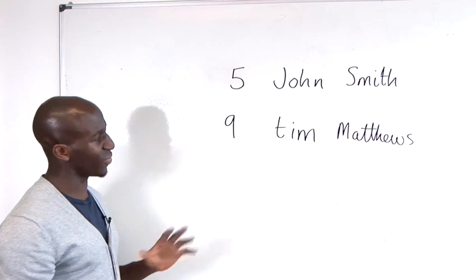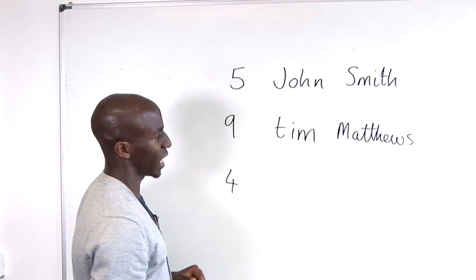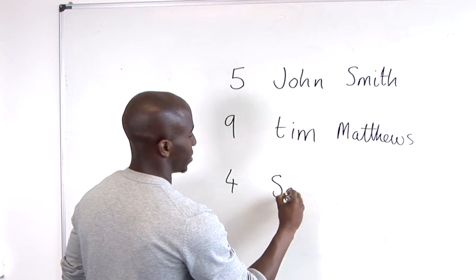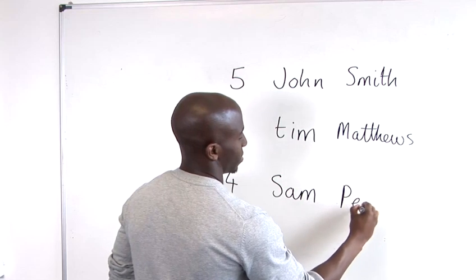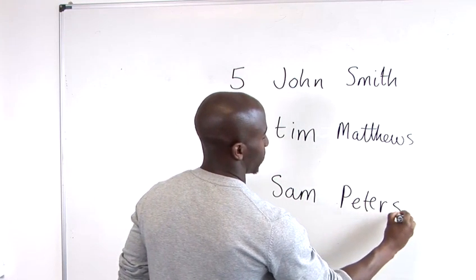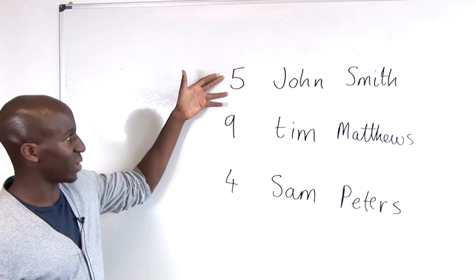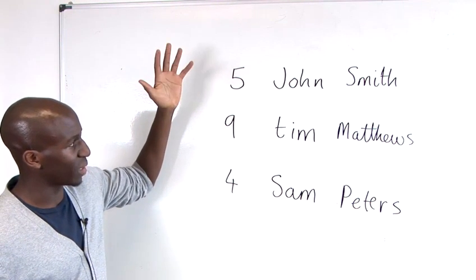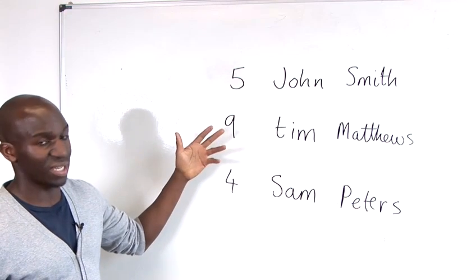And then we found that we had 4 people with the name Sam Peters. Now, this has already shown us that we've associated particular individuals by similarities that they share within their names.